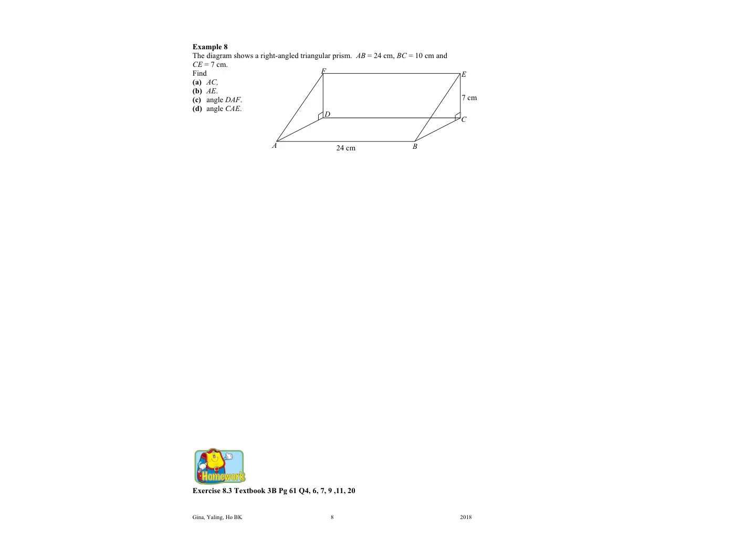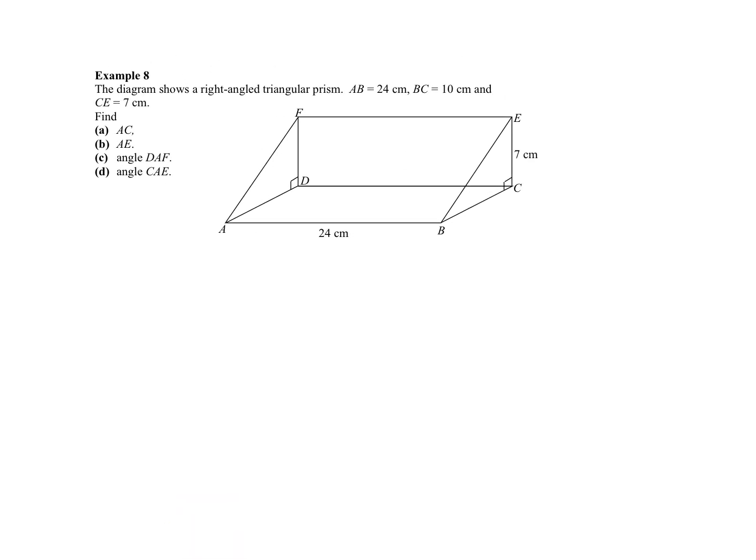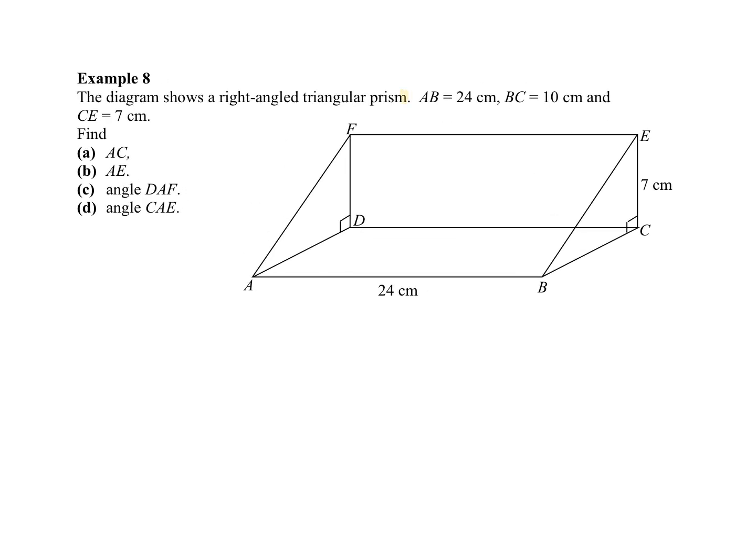One is this, the sandwich box. This shape, can you all still remember the word prism? When you learned prism, what does it mean? When I say triangular prism, what does it mean? The cross-section area is uniform.